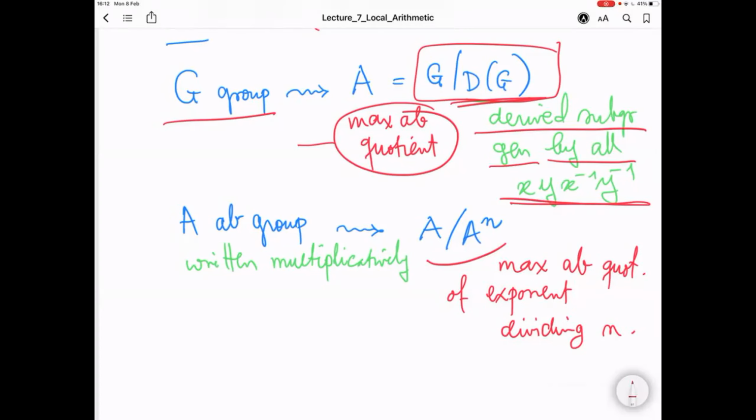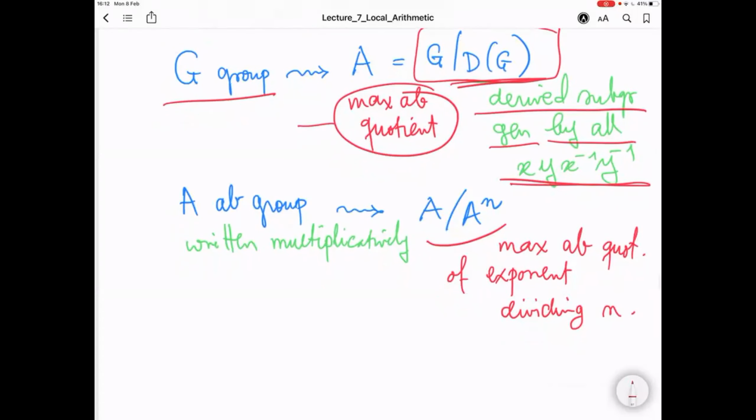It has the property that it's abelian, and if there is some other abelian quotient of G, then it factors through this particular quotient. There's a certain universal property which you can write down, and which you must have seen in your courses in group theory.